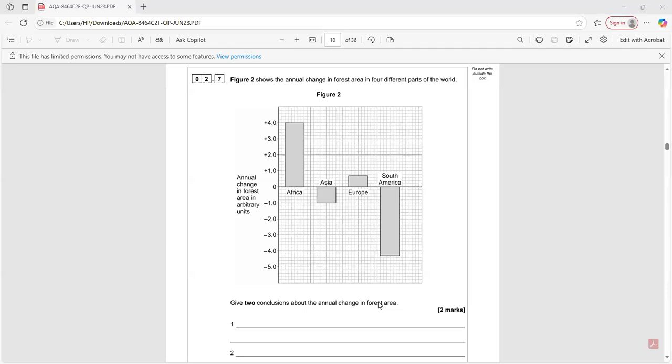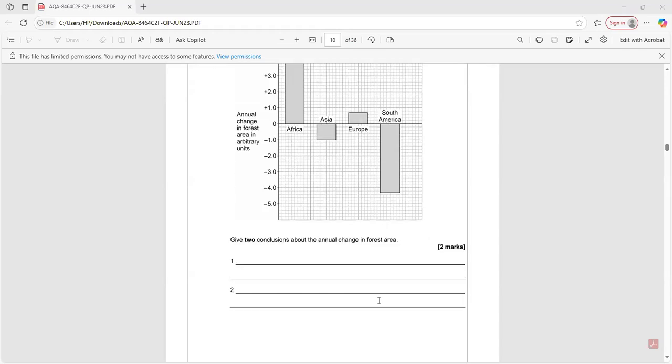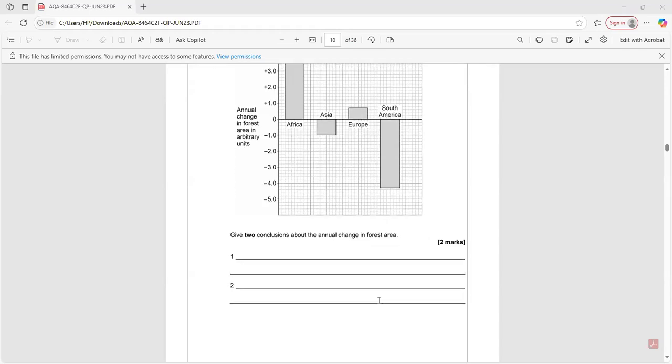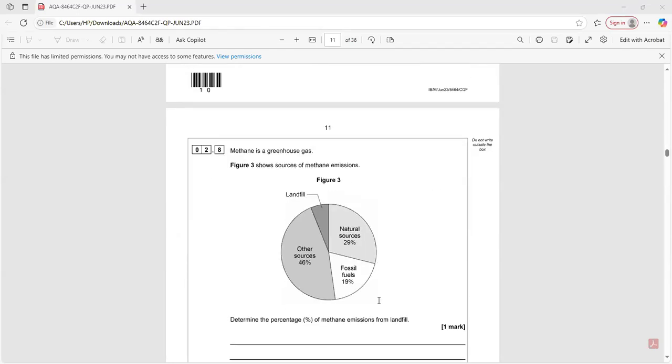Show a decrease in their annual change in forest area. Okay, yeah, I think that's it. The increase and the decrease. But of course, we can clearly see that there's a bigger rate of increase in Africa and a bigger rate of decrease in South America. Okay, so those are the 2 conclusions we can draw.